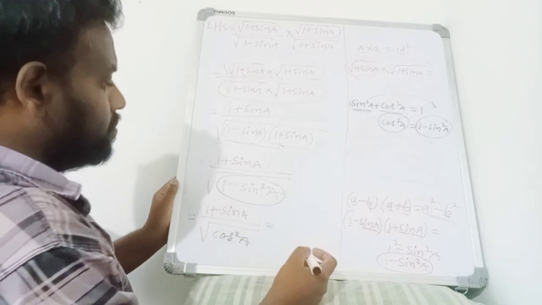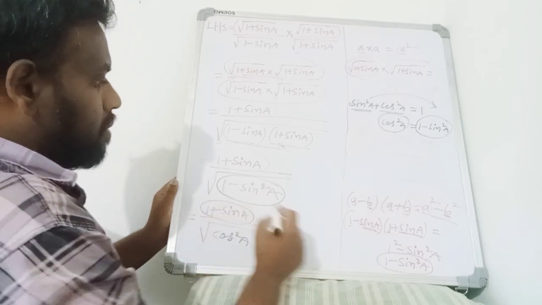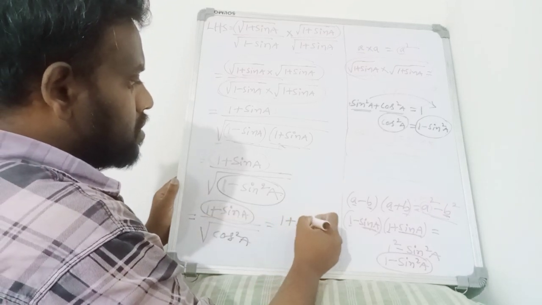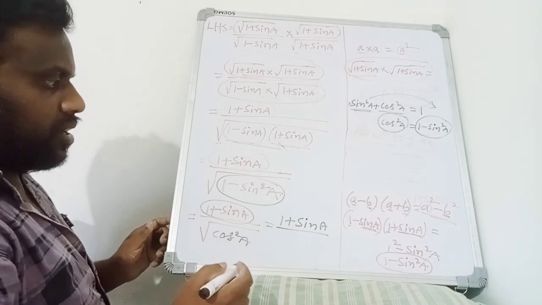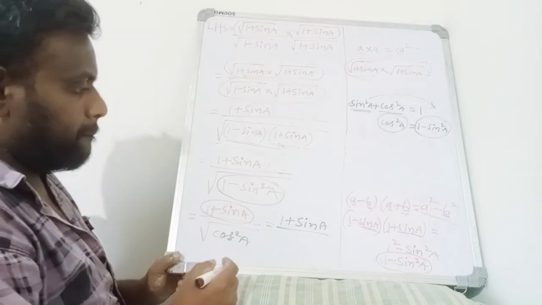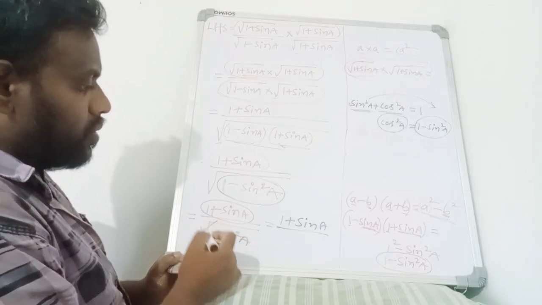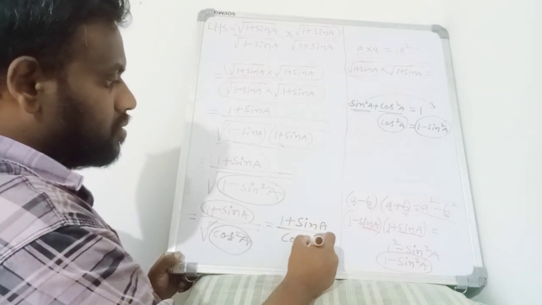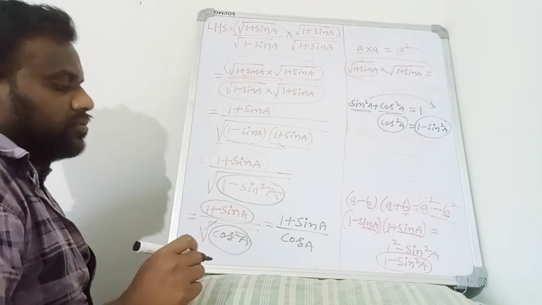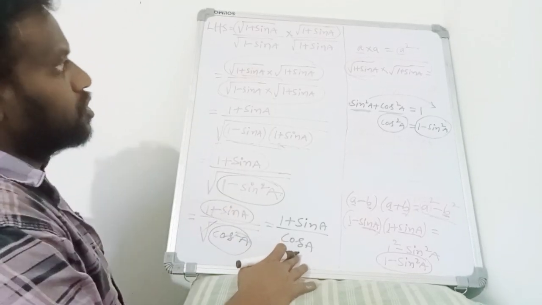This is equal to, same this I will write once again, 1 plus sin A, whole divided by, here you see, square and square root cancels out. So what is left? Cos A. I think till here you understood.